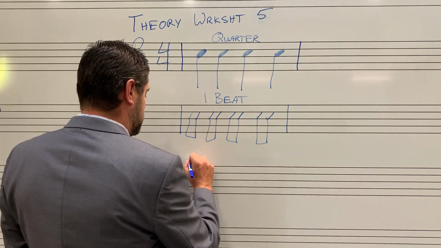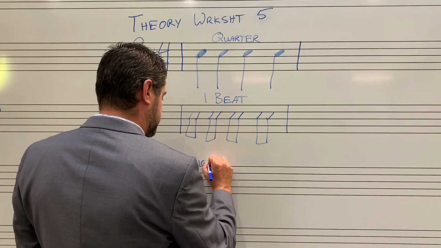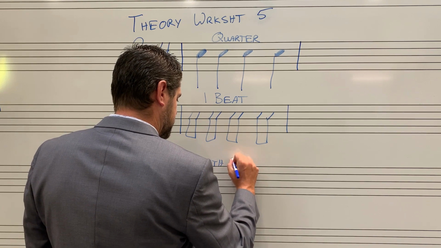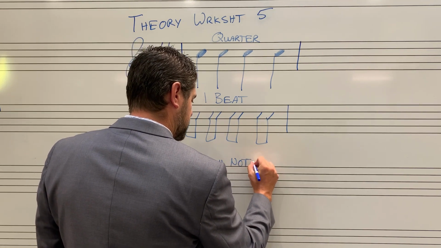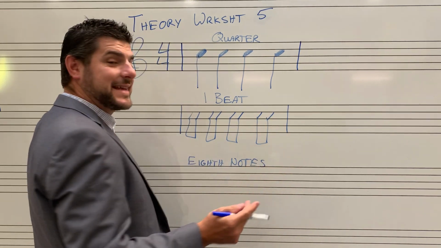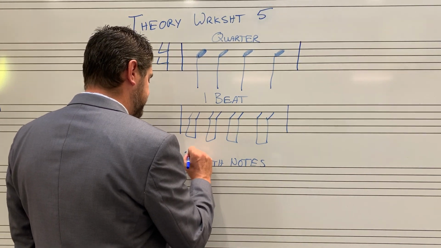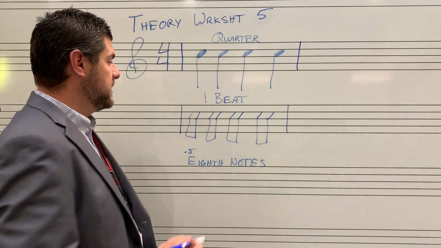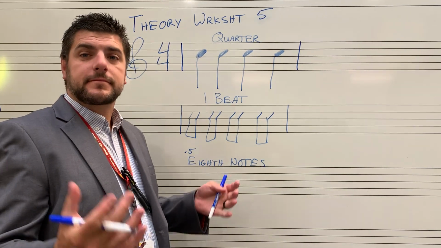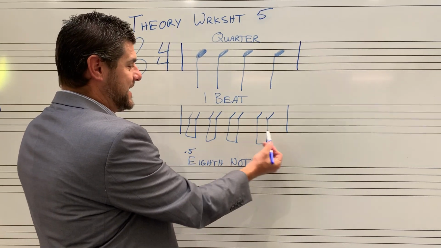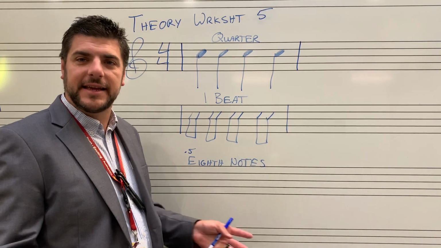These are what we call eighth notes. These get half of a beat, so exactly 0.5 of a beat. And obviously, there's going to be 8 eighth notes in 1 measure.